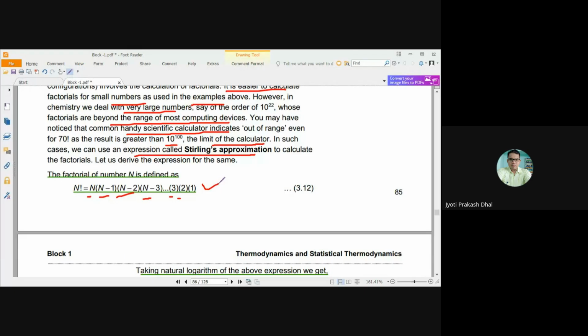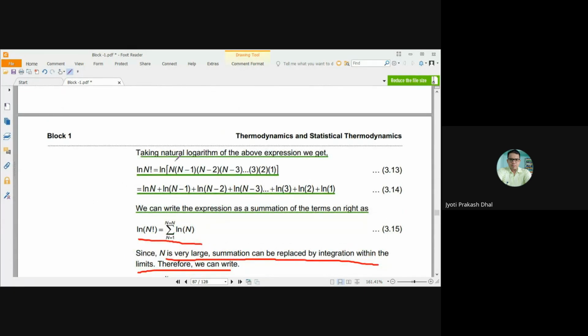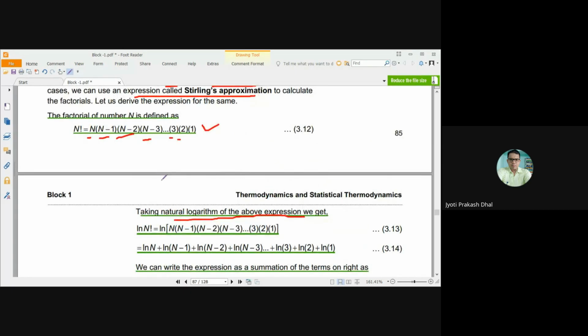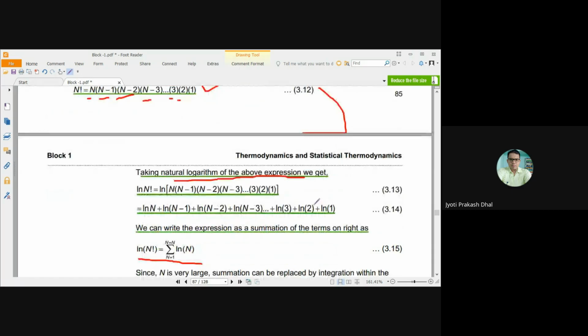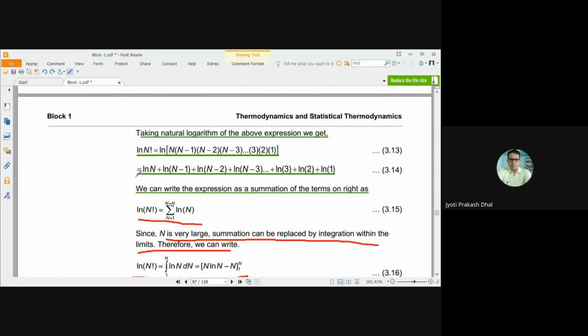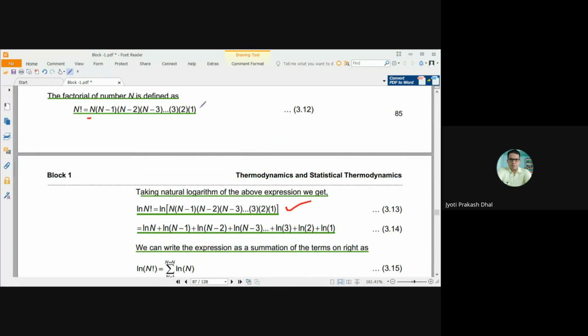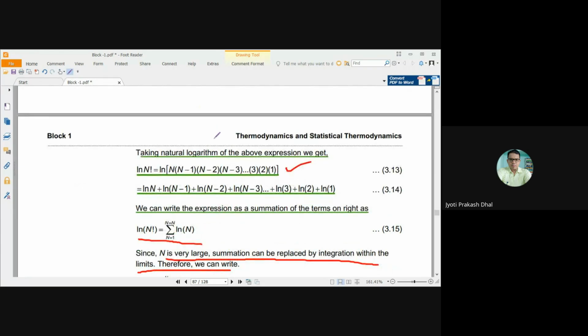Now, taking the natural logarithm of the above expression on both sides, equation 3.12 will become ln n factorial equals ln of n into n minus 1 into n minus 2 into n minus 3 down to 3 into 2 into 1. That means we have only taken the natural logarithm of both sides of equation 3.12.